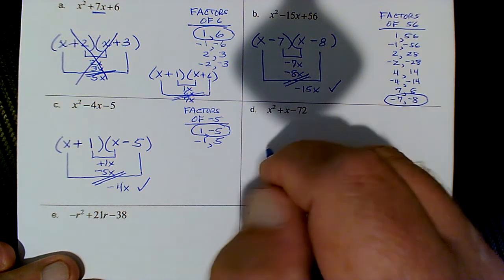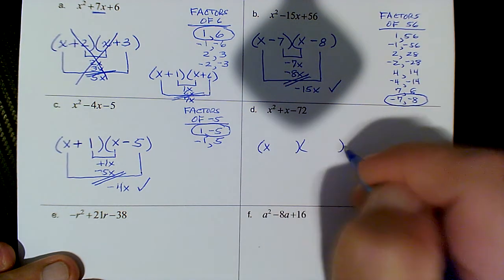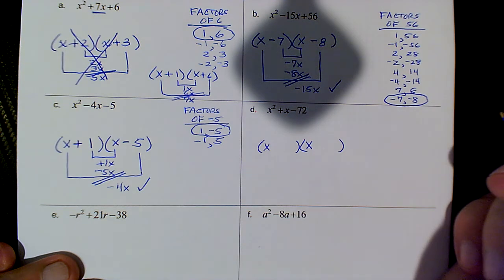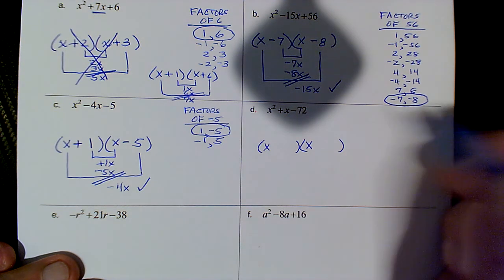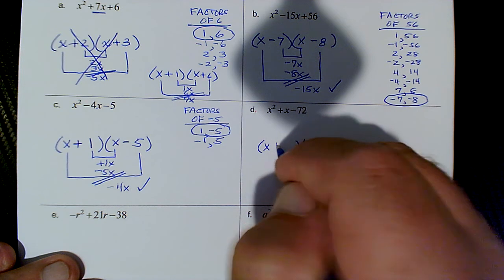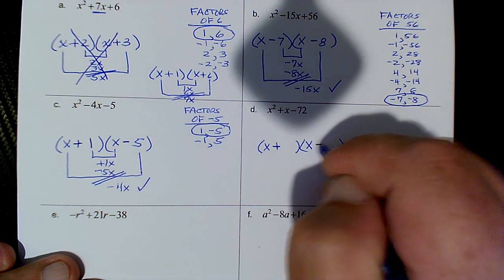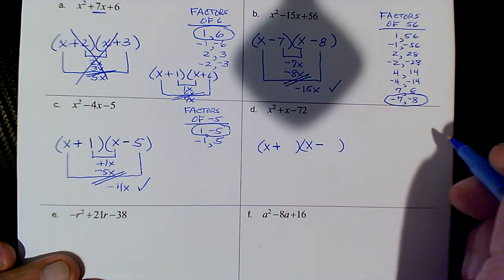So continuing, again, a situation where we have two binomials, x and x, for the first term of each. Once again, since the constant term is negative, we know one is positive, one is negative. Doesn't matter which way you put it, the positive and the negative, just got to get the numbers right.